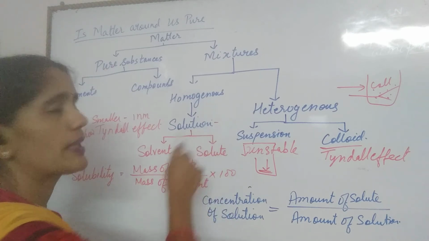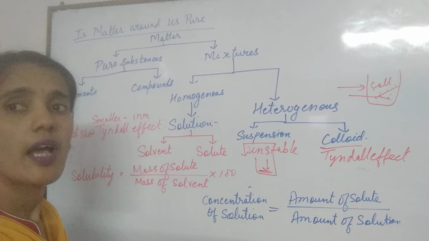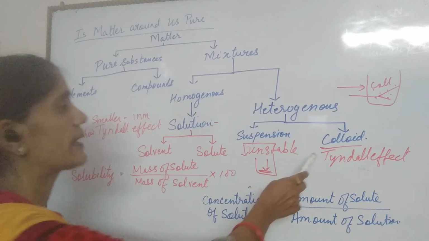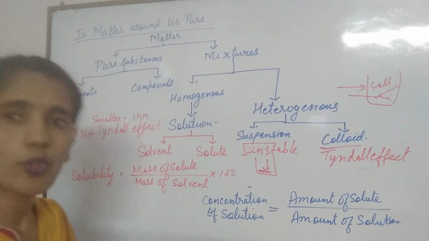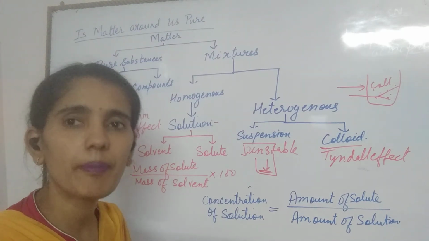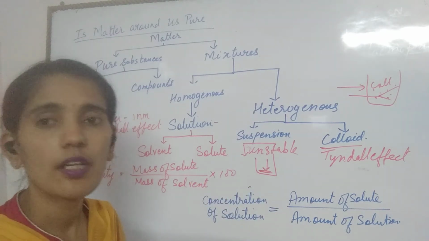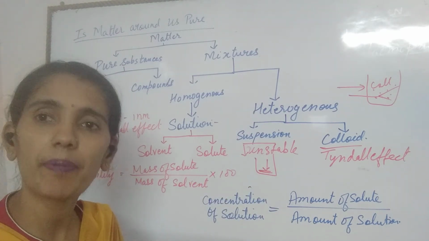We have studied different types of solution depending upon its physical state and amount of solute, and after that we have done different types of colloid depending upon the dispersion medium and dispersion phase. Clear? So next we are going to do the separating techniques.